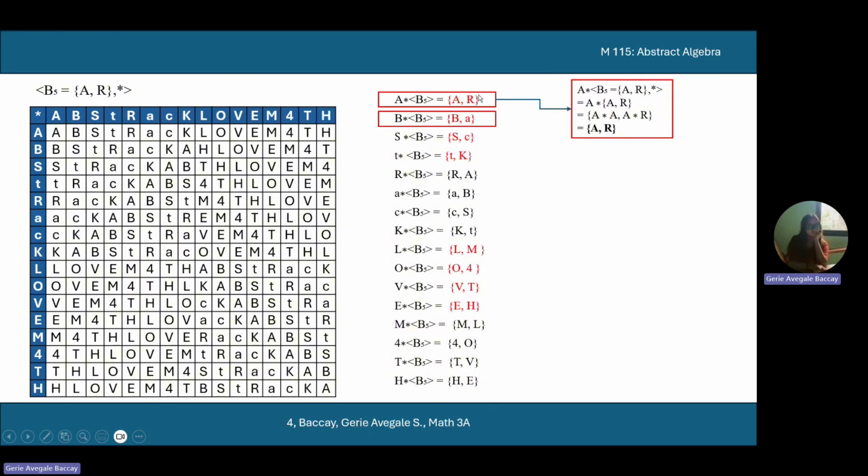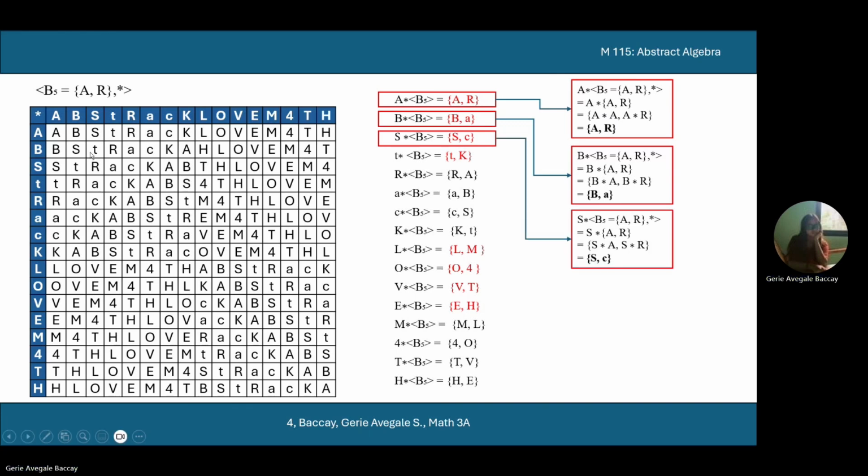Next, let's operate B on the left side of B sub 5. B star A, we get B, and B star R, we get small a. Next, we have S. S star A is S, and S star R is small c.